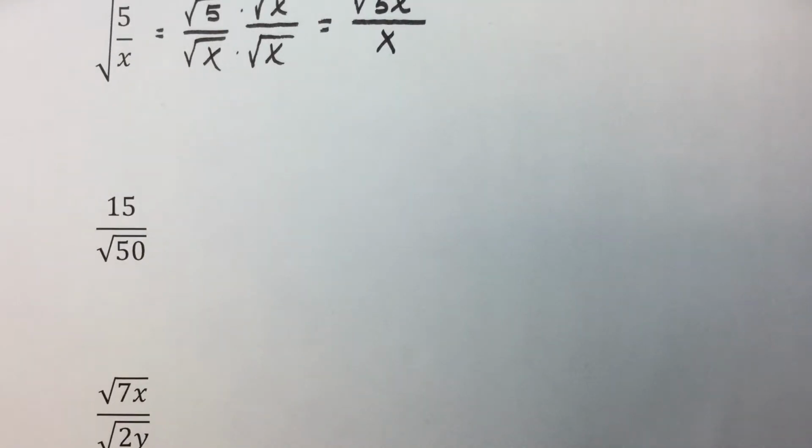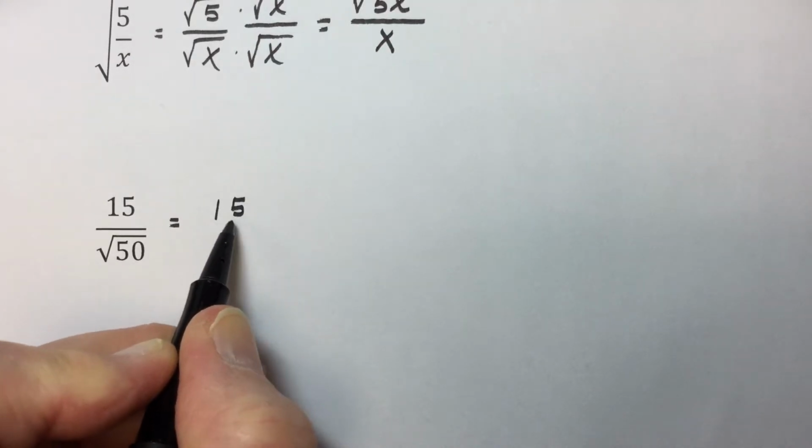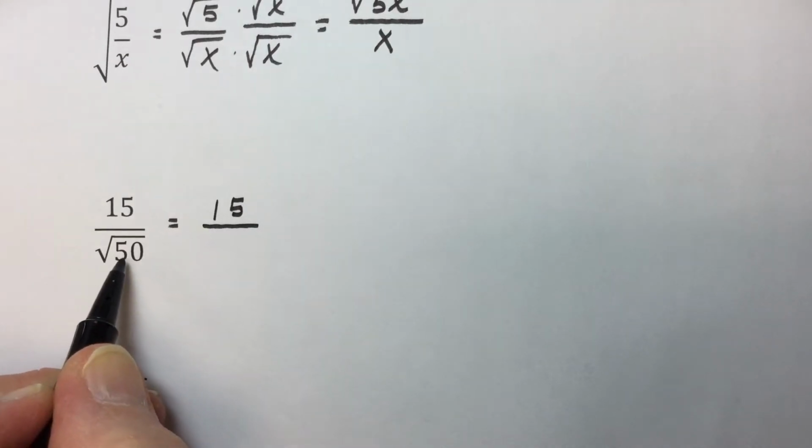Sometimes it's easiest to rationalize a denominator after the expression has been simplified. So if we look closely at this next example, we have square root of 50.